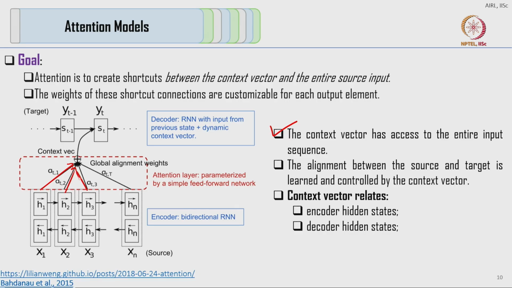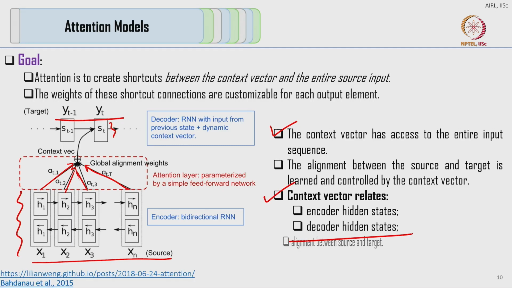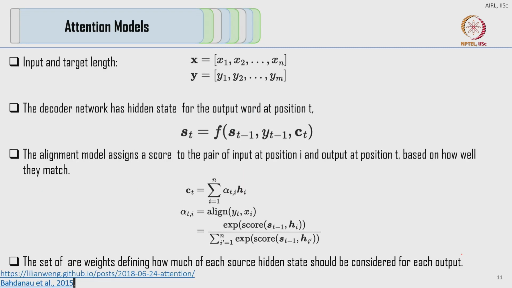Once it takes this input sequence, the goal is to align the source or the input with the corresponding target or the output, and the way this is done is using the hidden states of both, right. Now, the context vector relates both the encoder and the decoder, and focuses on aligning the source and target, right.